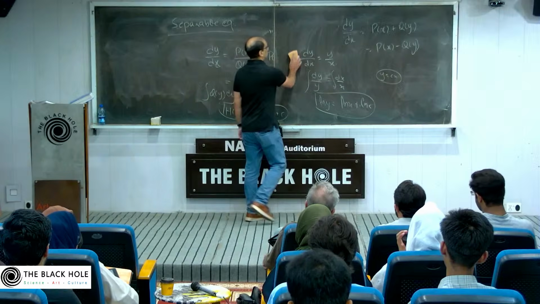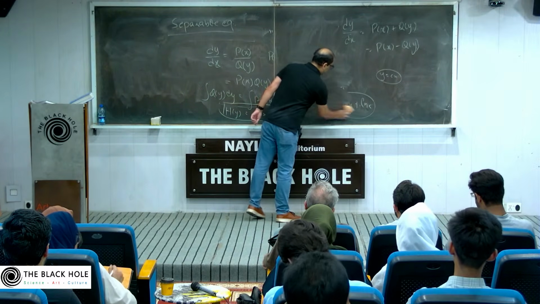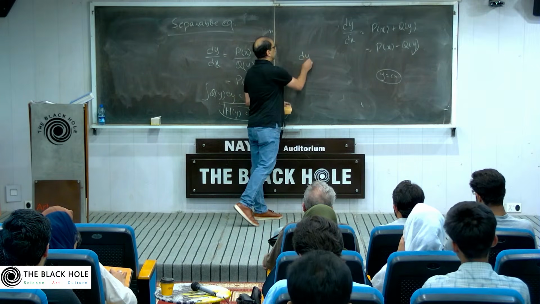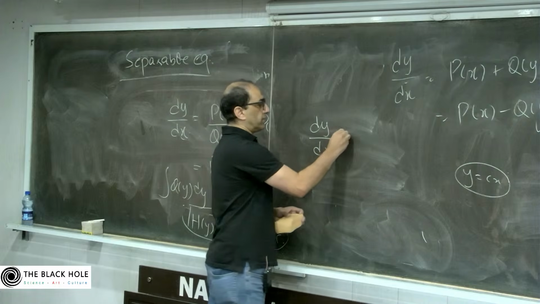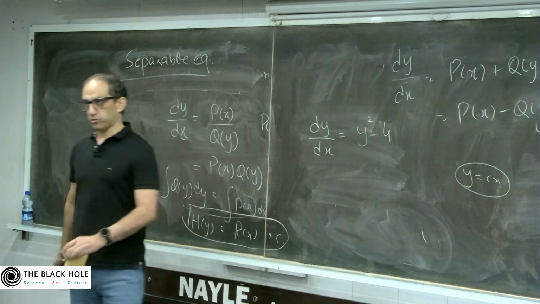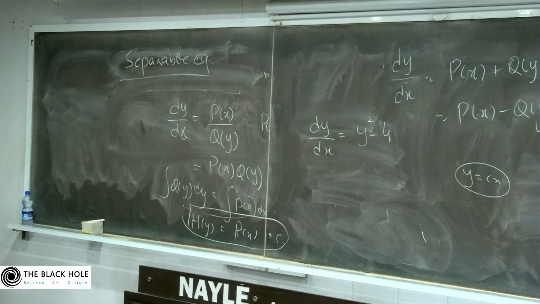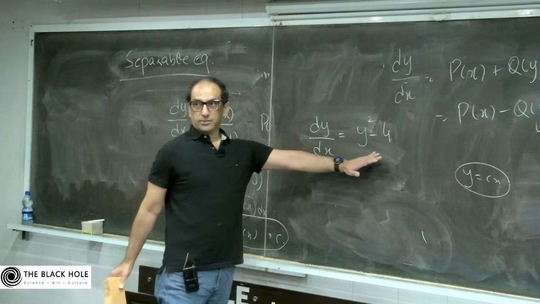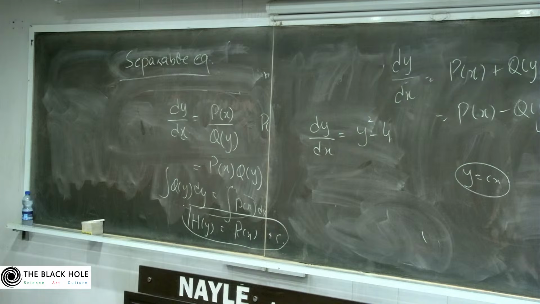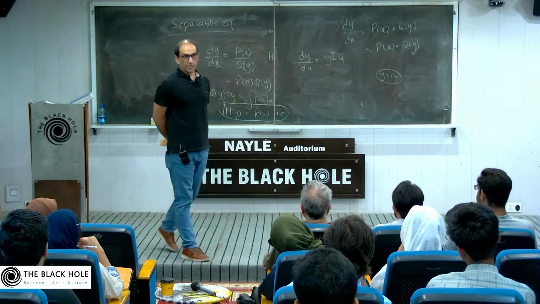True. So, another thing I'm going to tell you is that we sometimes don't realize that we are doing something marvelous. Look at this equation. As Parvez Saab said, it is very easy to say, looking at this equation, that y is equal to 2 and minus 2 are the two solutions of this differential equation.